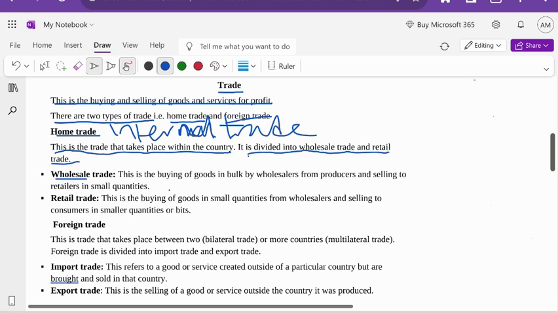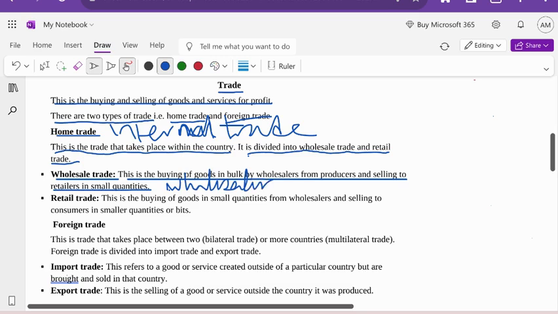Let us look at wholesale trade. This is the buying of goods in bulk by wholesalers from the producers and selling to the retailers in smaller quantities. Now, I want us to understand that the person who is involved in wholesale trade is known as the wholesaler.